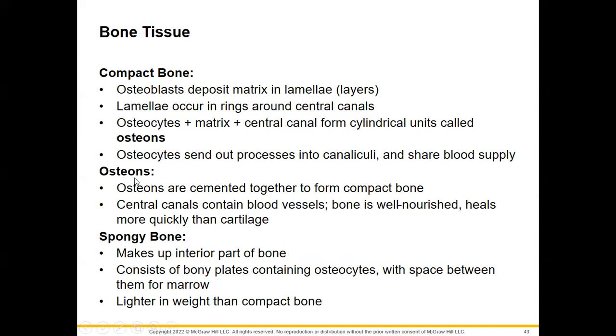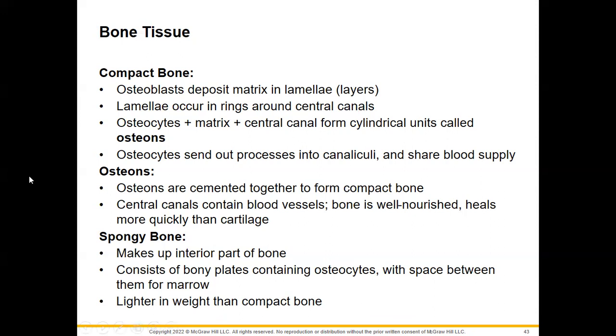Remember, the osteon is going to be a cylindrical unit that is made up of osteocytes, the extracellular matrix, and that central canal. You have a lot of different osteons tightly packed together to form compact bone. These are going to be cemented together. They are not coming apart.